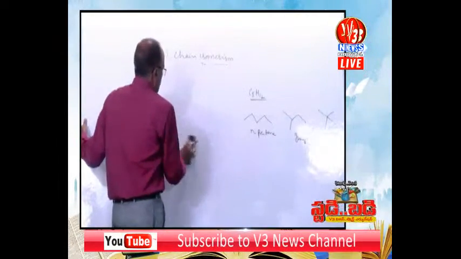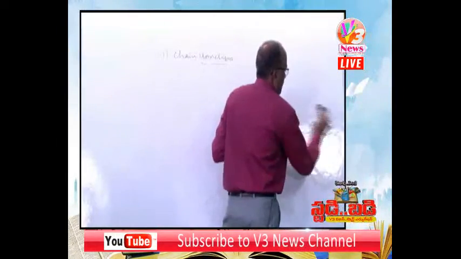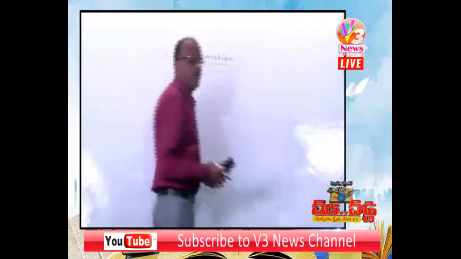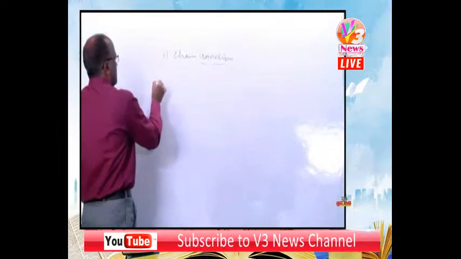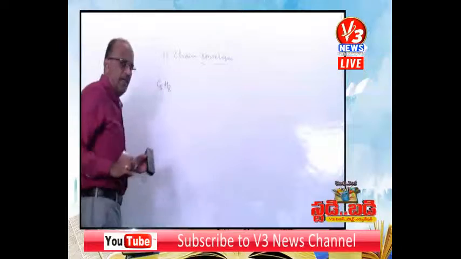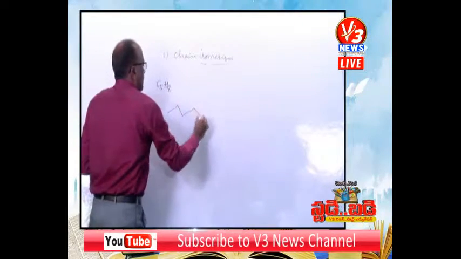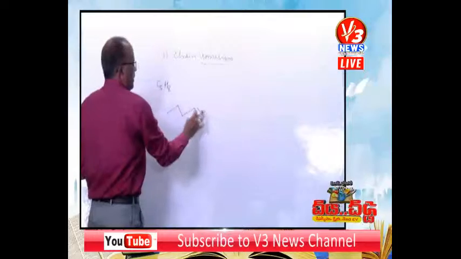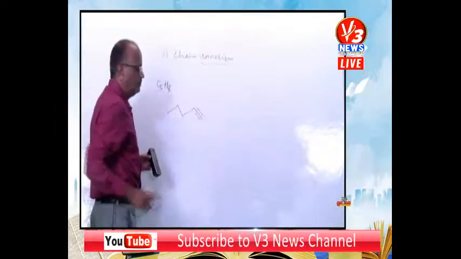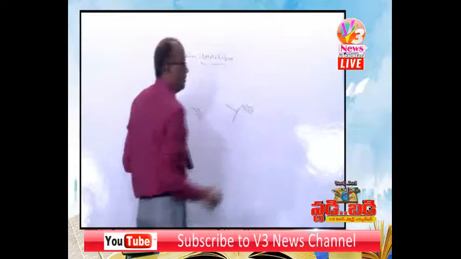Now, when it comes to alkynes, there should be minimum of 5 carbons to exhibit chain isomerism, that is C5H8 alkyne, 1, 2, 3, 4, 5. Then this one.